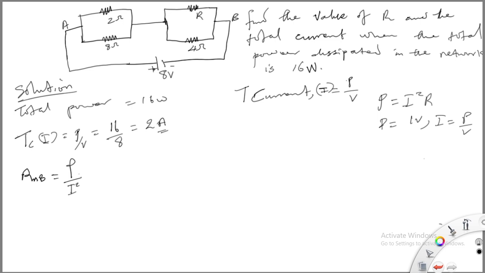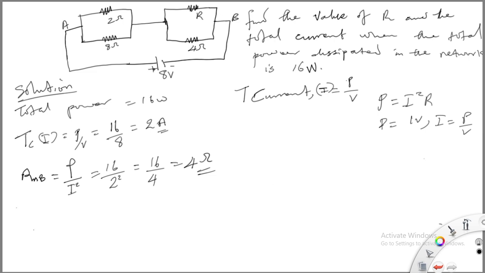So this is just a change of subject. So P was given as 16, and our I squared now is what? 2 squared. We have gotten the current, which is equal to 16 over 4, which is equal to 4 ohms. That's our RAB.